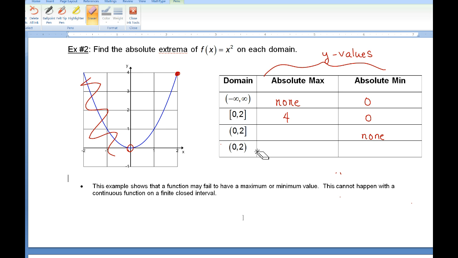That's your idea of 0 plus, but there's no actual value that would be a minimum, because I could always find something closer. With the parentheses, it just means it's never going to have that smallest value. The maximum we do have, because that's filled in, so that's 4.